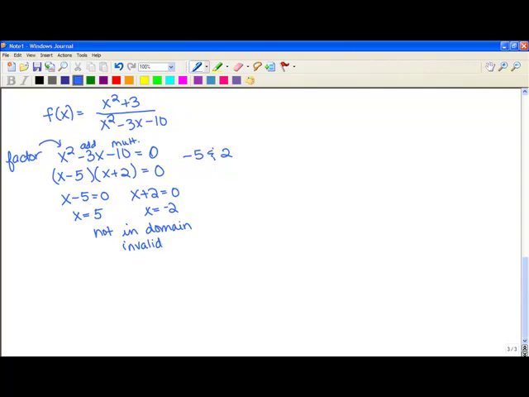So we need to think of the number line to write the interval notation. I'm going to put the negative infinity on the left, positive infinity on the right.